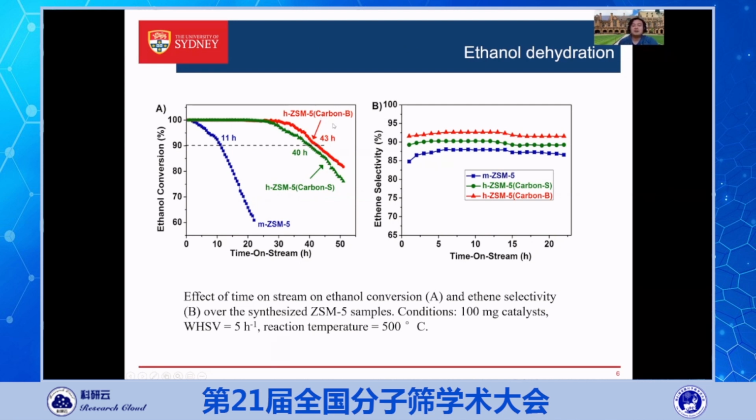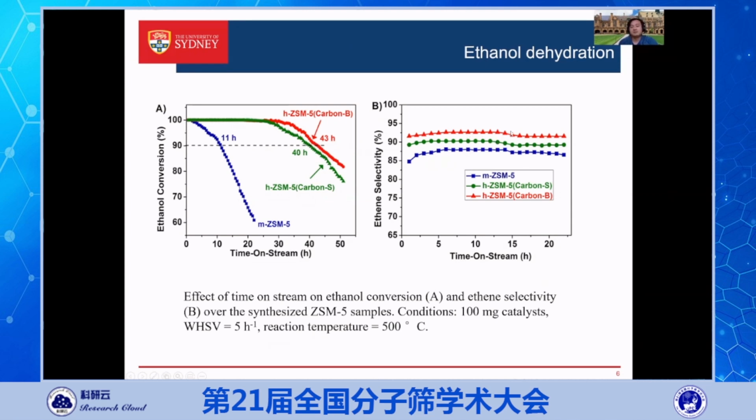But for the bigger pores, like 35 nanometer or 13 nanometer, there is no big difference for the pore size change in the mesoporous range.